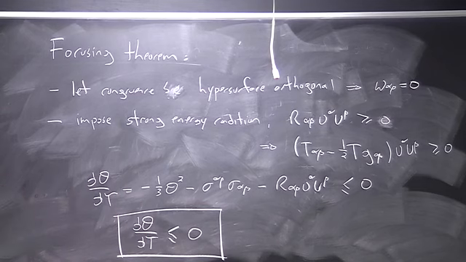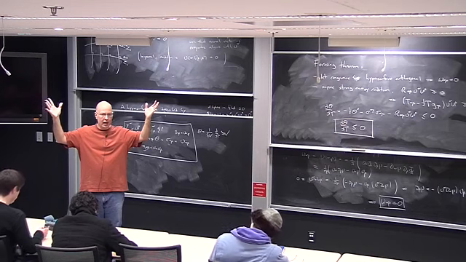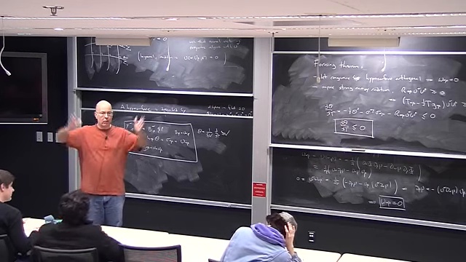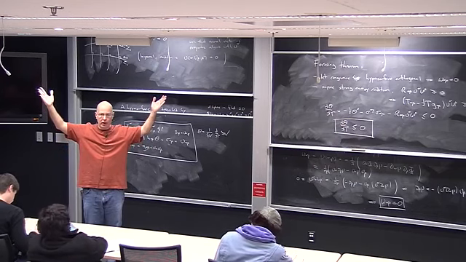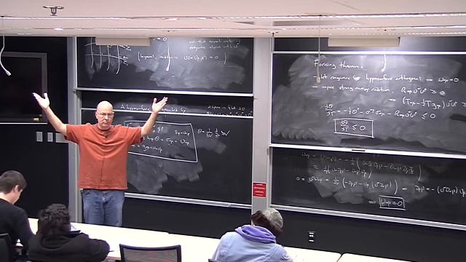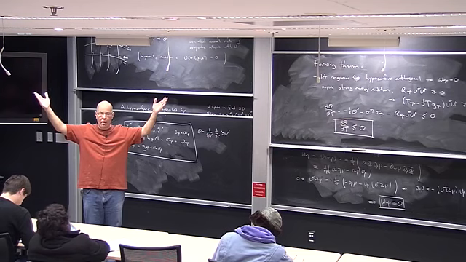So what does it mean? Well, my congruence could be expanding, and that would mean that theta is actually positive. If I have congruences where the geodesics are all flying off of each other, diverging away from one another, that means that theta is positive, and there's nothing wrong with that. That's an example of an expanding universe.